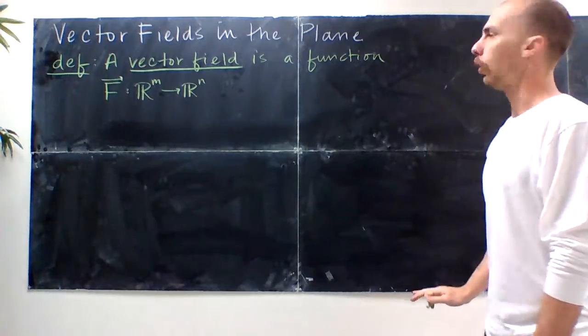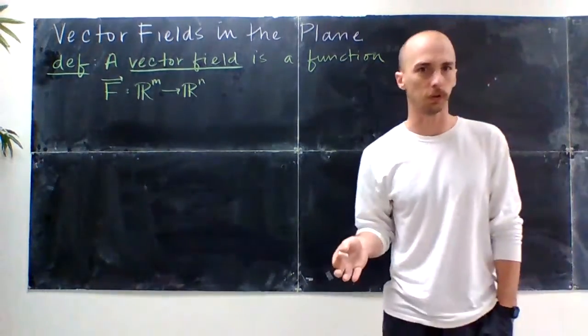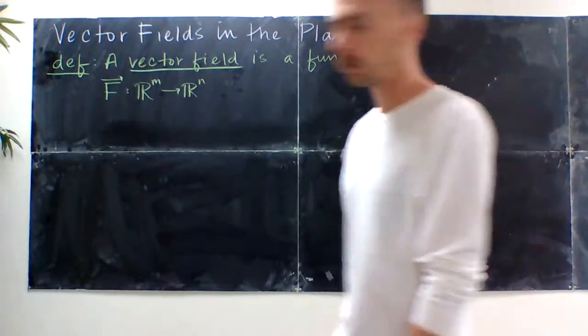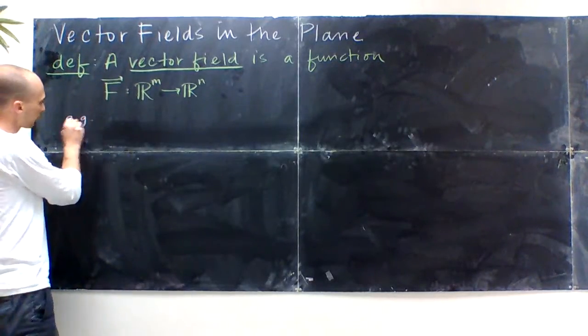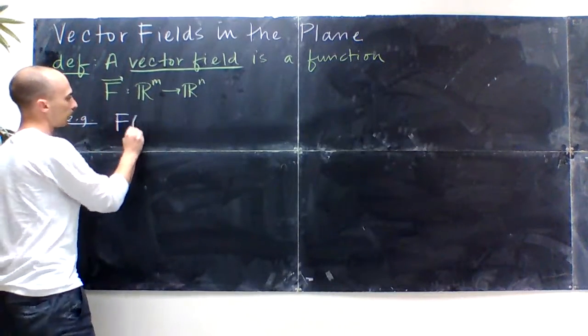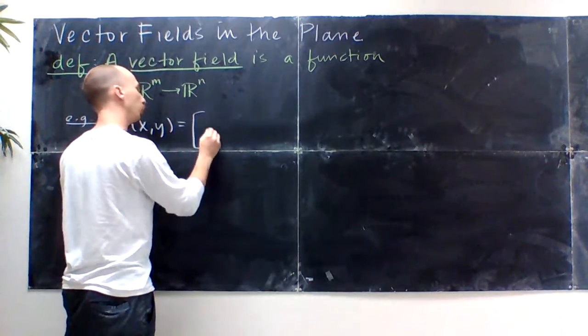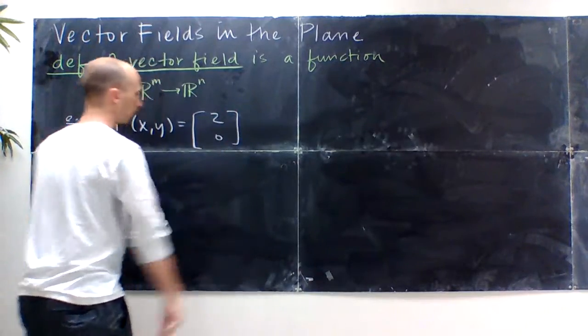Okay, so I think what I need to do first is write down a couple of examples and draw you a couple pictures of them so that I can convince you that you have maybe seen this before. So the first example I want is to just look at f of x and y is equal to 2 and 0.